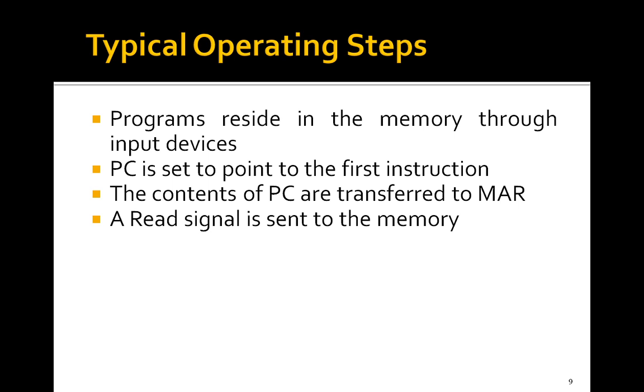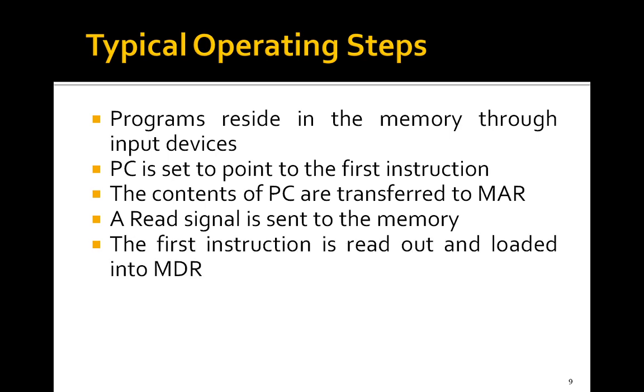Which memory location I am accessing is given by MAR. Now I have reached that memory location and I am reading the data. After reading the data, where does the data have to go? That data has to go to MDR, because MDR will contain the data of the memory location which is accessed.